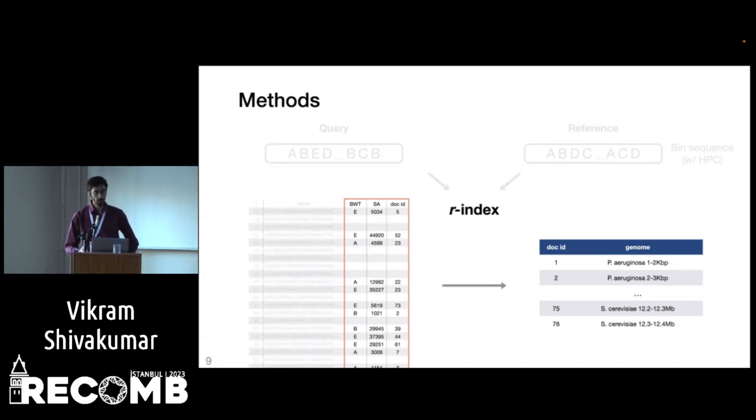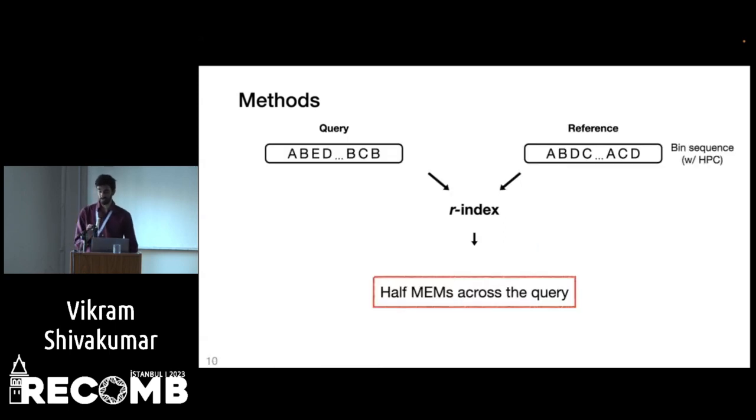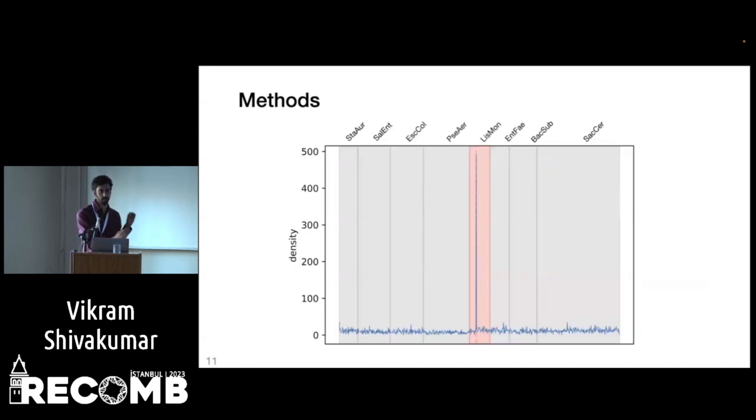And so the output of the R index is the sequence of half MEMs across the query, in every position, the longest extendable right exact match. And so we can project this sequence of exact matches back onto the reference using this approximate mapping technique that I just mentioned.